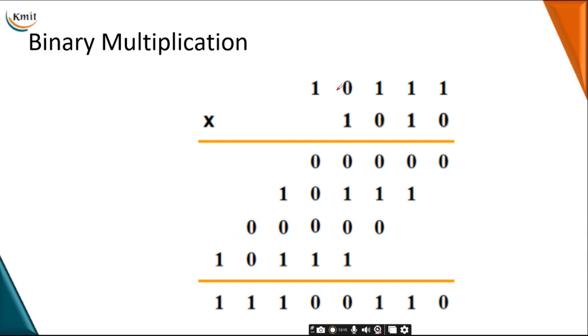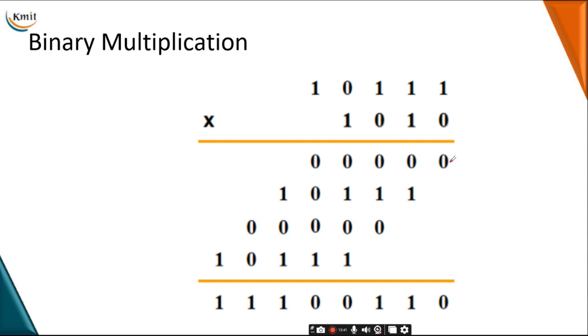There are 5 bits in my multiplicand, so that many zeros with a shift of 1 bit towards the left will be placed as partial product 3. Next, the last bit is a 1. So the multiplicand is copied as it is with a shift of 1 bit towards the left.